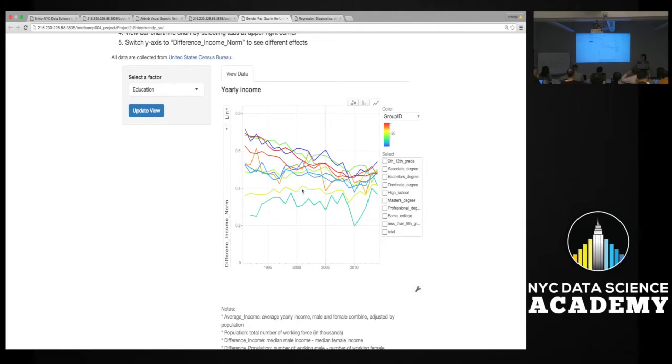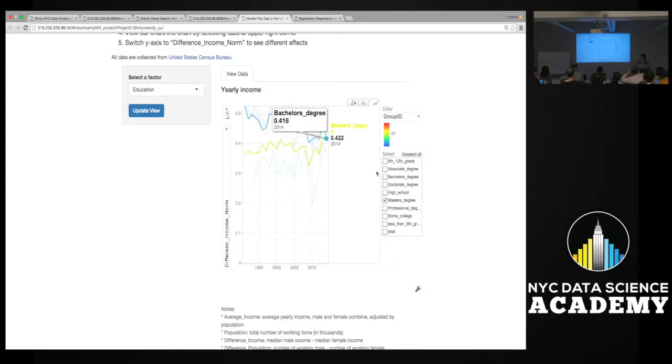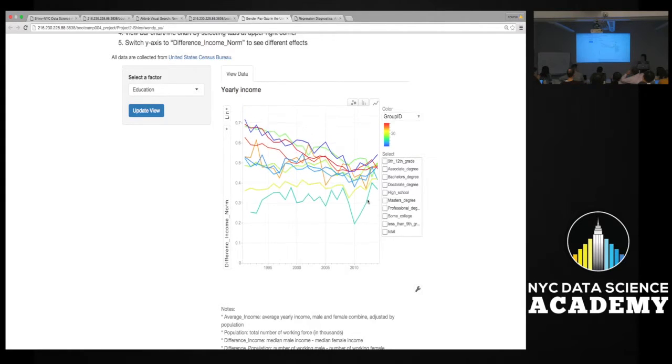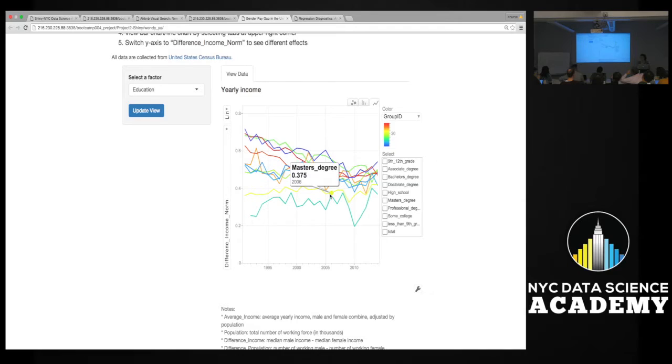Another thing to notice here is this line is people with a master's degree, and the bottom line is people with a doctoral degree. So with a higher educational background, the gender pay gap tends to stay lower, and with a lower educational background, the gender pay gap is higher, but it's also decreasing.